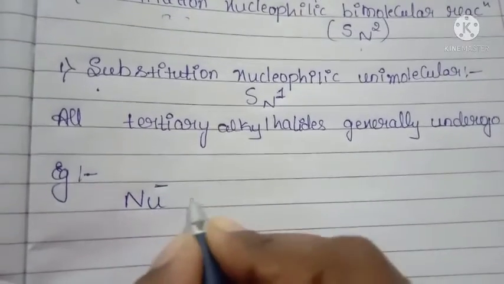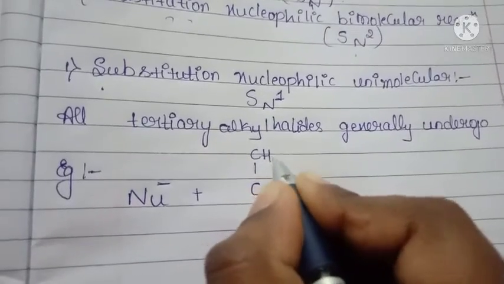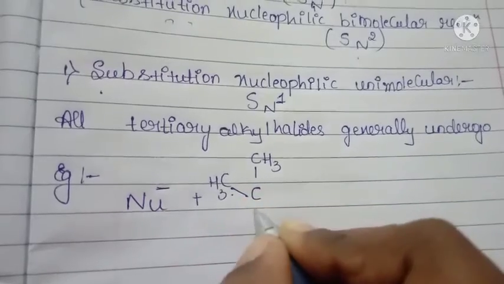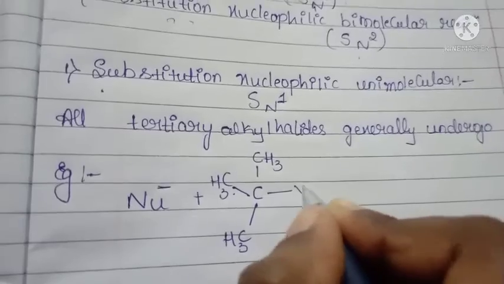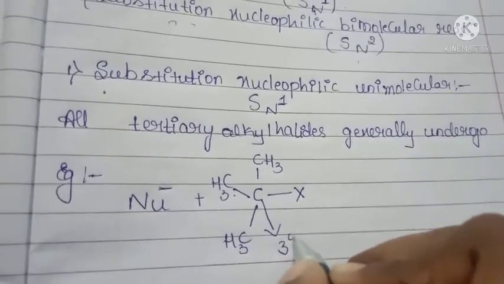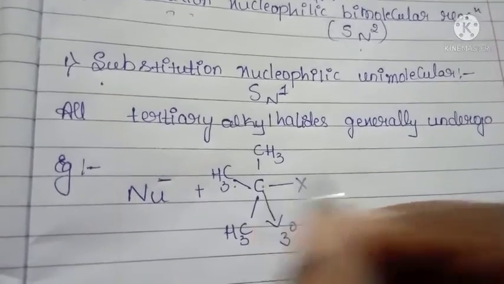Nucleophile is here, plus C. Tertiary means 3 alkyl groups are present plus 1 halogen group. Here this carbon atom is called tertiary because this carbon atom does not contain any hydrogen atoms.